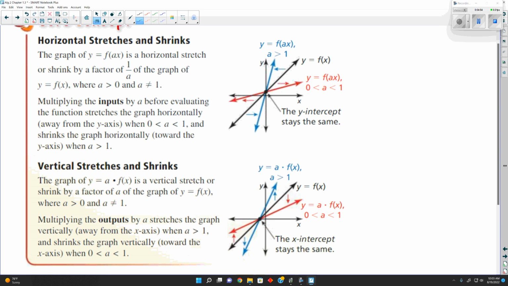So for horizontal, we're looking at 1 over a, and we're going to input it inside the function. So for the graph, when we apply a horizontal stretch or shrink, we're looking at y equals f of a times x.